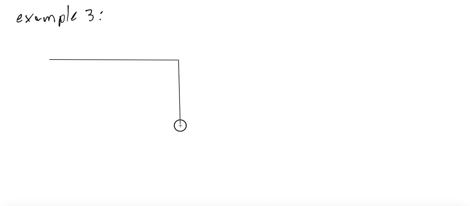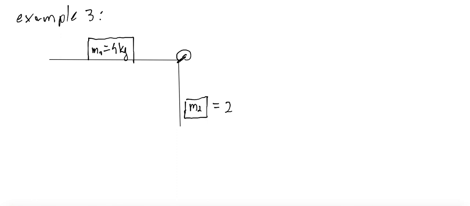So, example probably 3. Okay, let's imagine a little bit different situation, maybe not more difficult, but different. Let's imagine that you have a mass m1, which is equal to, let's say, 4 kilograms, which is connected with mass m2, which is equal to, let's say, 2 kilograms, by a string.